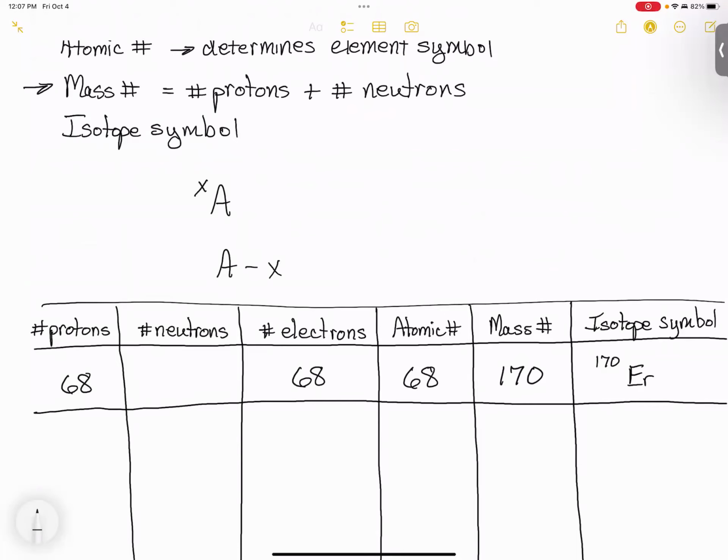Mass number is the number of protons plus the number of neutrons. So if I have a mass number of 170 and I subtract out the number of protons, I get the number of neutrons.